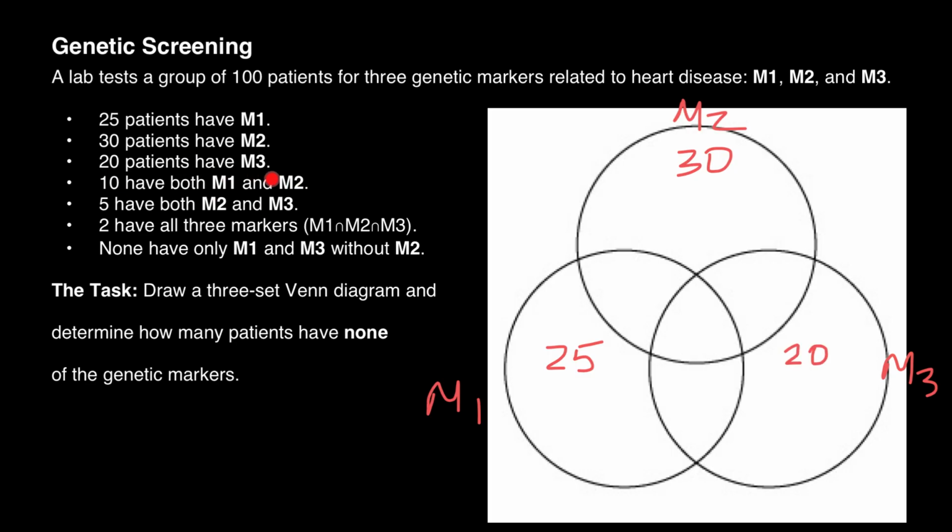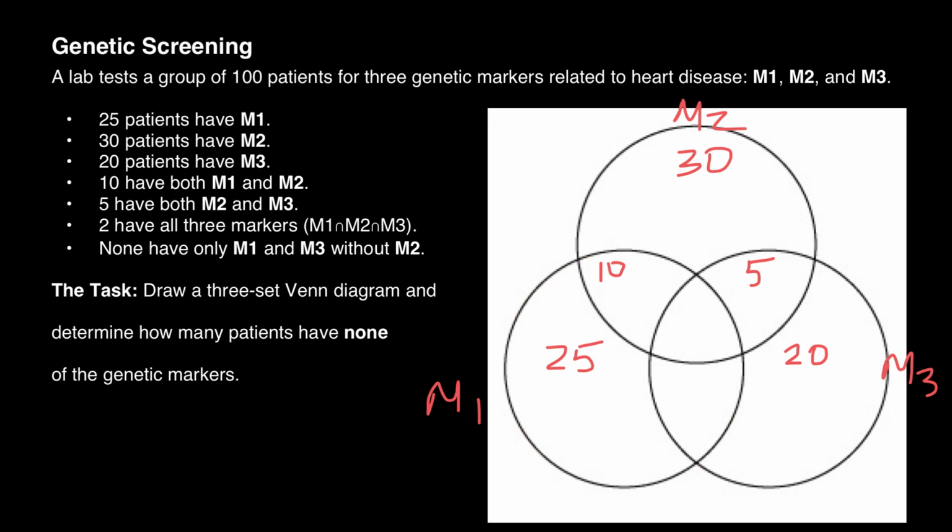10 have both M1 and M2 genetic markers, so M1 and M2. So this is going to be the intersection of these two circles. And we have 10 patients, so let's put 10 here. Next, 5 have both M2 and M3, so M2 circle and M3. And this is going to be the intersection. We put 5 here. And 2 have all 3 markers, M1, M2 and M3, and this sign stands for the intersection.